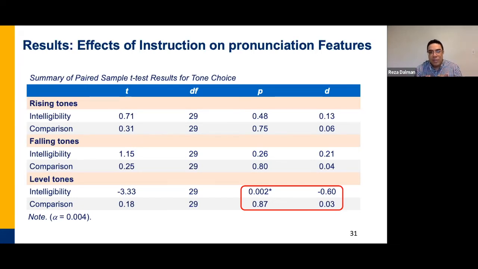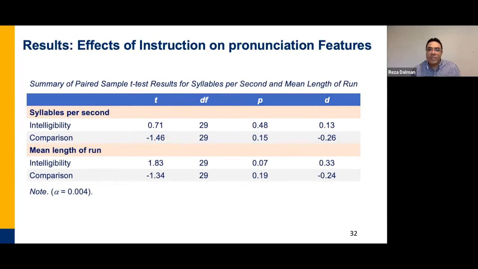However, the comparison group that received no instruction on intonation showed no improvement in intonation and tone choice. And the results for rising tones and falling tone choice were not significant for intelligibility and comparison group. And for fluency features, I mean syllables per second and mean length of run, neither the intelligibility group nor the comparison group showed a significant improvement from the pre to post test.